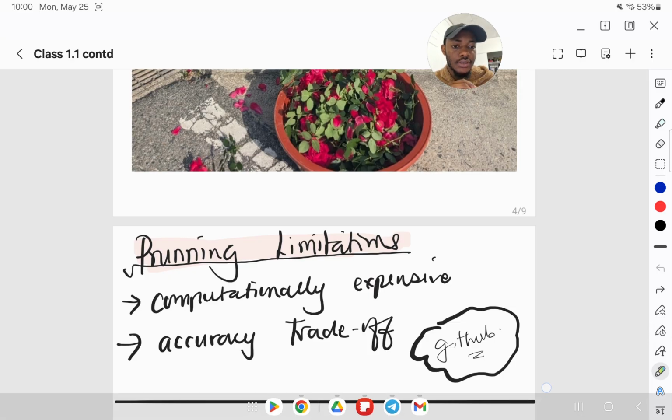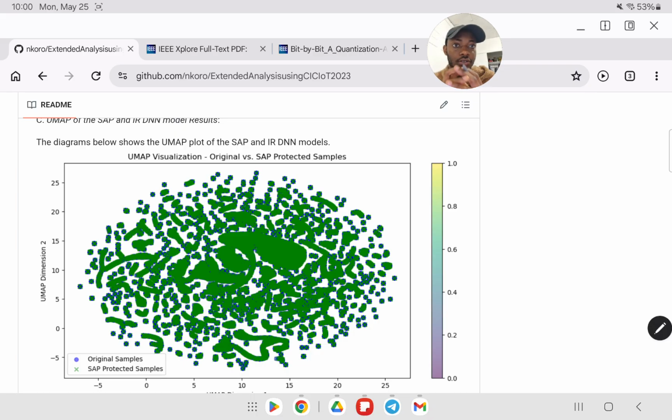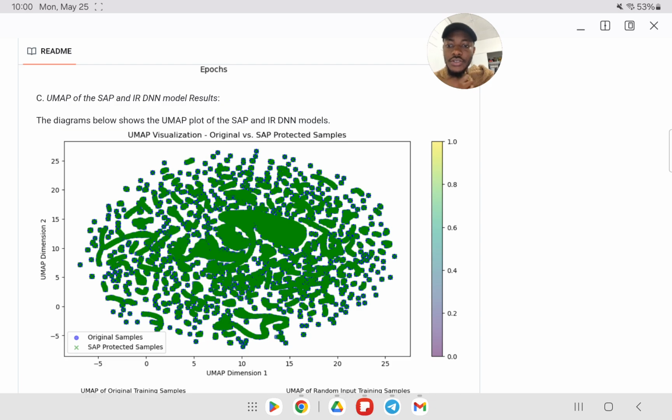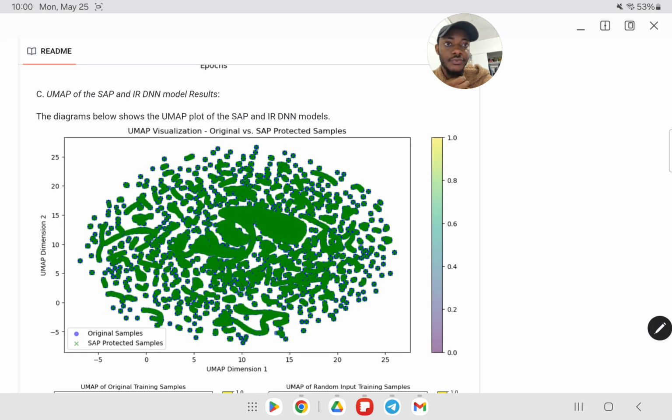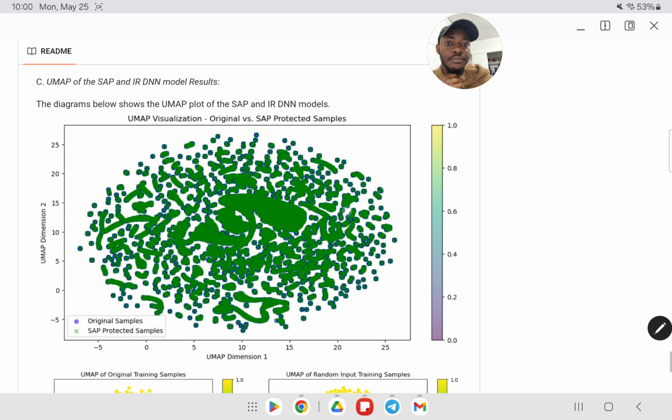I want to show you guys a simple example of what happens, right, when you prune a model. This is a research I did some years ago. SAP is stochastic activation pruning, right? This is a model, right? So before and after, you see that the green ones are, I used pruning essentially for privacy preservation. I pruned my neural network model that I was using to detect cyber attacks, right?